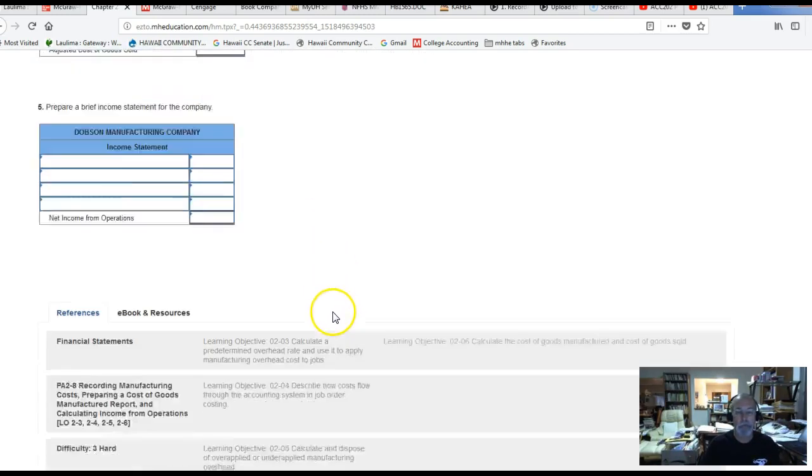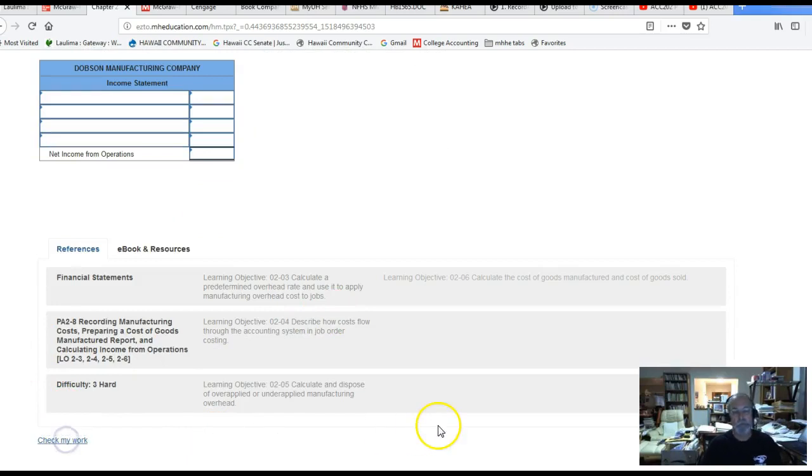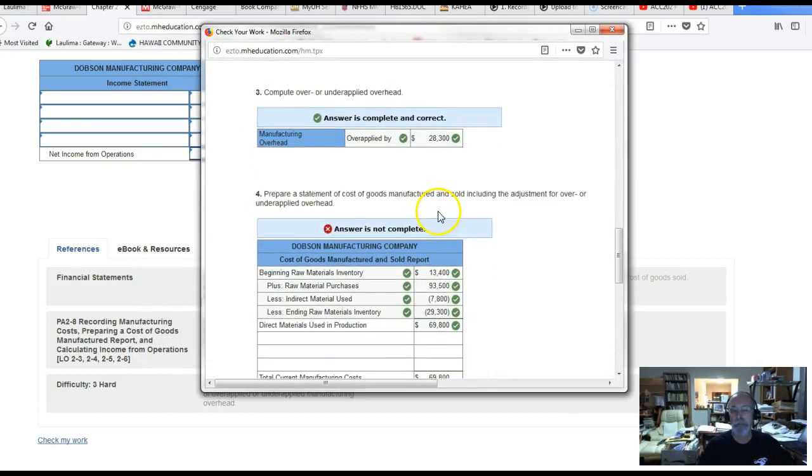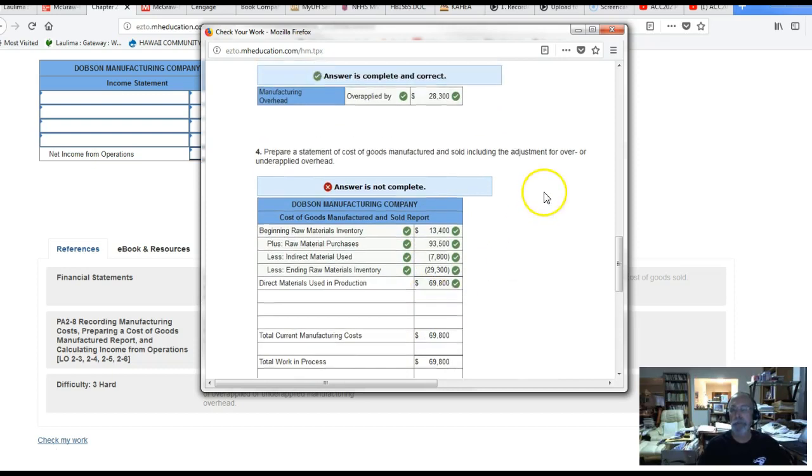And we might want to do a quick check just to make sure that we're on the right track. And hopefully we are. The answer in total is not complete, but what we have there so far is correct.